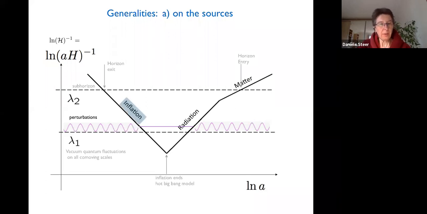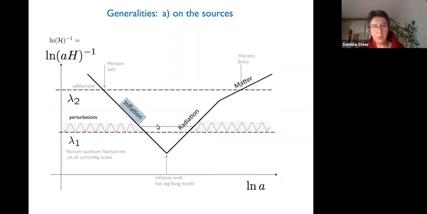So what are the sources of the stochastic gravitational wave I want to talk about? Well, the first one is this inflationary period. As you'll probably have seen in other lectures, during the inflationary period, vacuum quantum fluctuations are generated on all co-moving scales. They oscillate when they're inside the horizon.